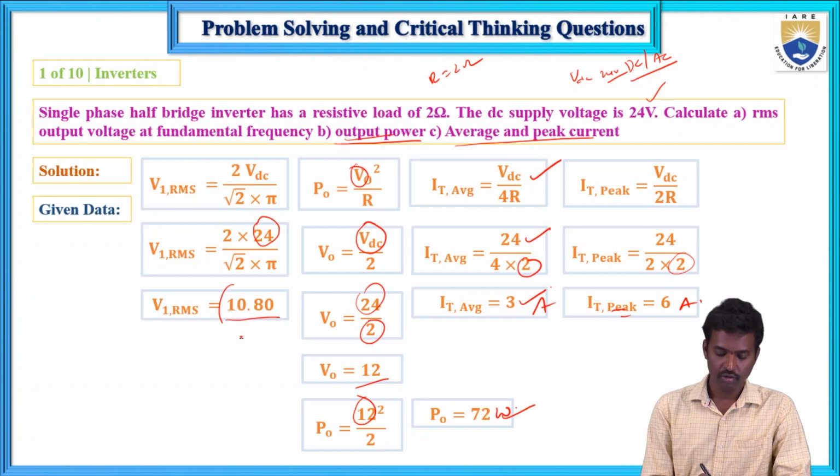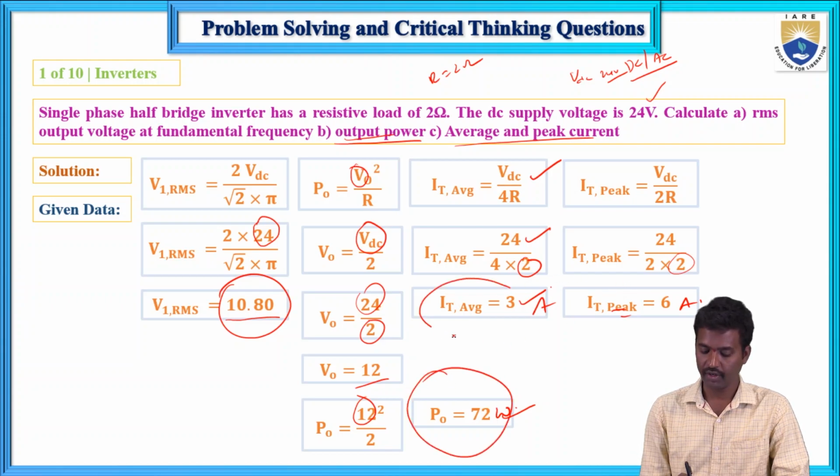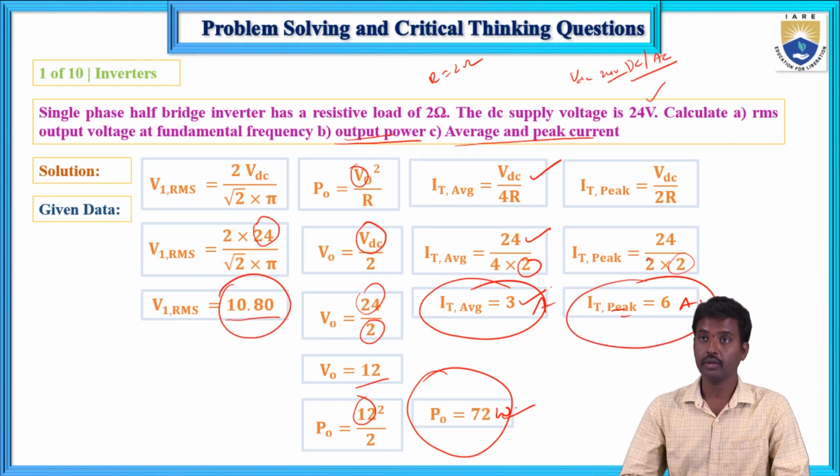So this is the fundamental RMS output voltage V1 RMS, this is the output power, this is the average current, and this is the peak current.